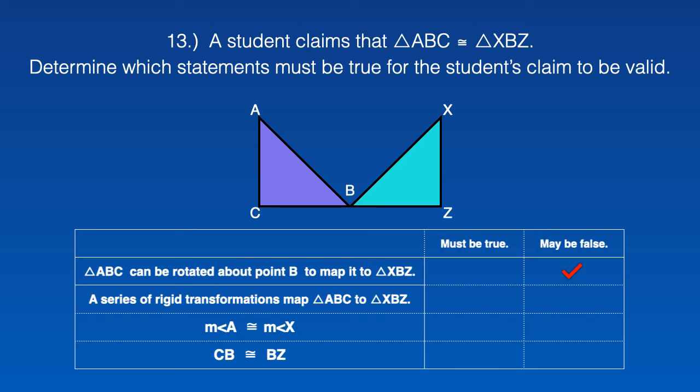For the next one, it says a series of rigid transformations map triangle ABC to triangle XBZ. Well, you should realize that you could do a reflection to put triangle ABC on top of triangle XBZ. So that one must be true because you could reflect it, and a reflection is a rigid transformation.